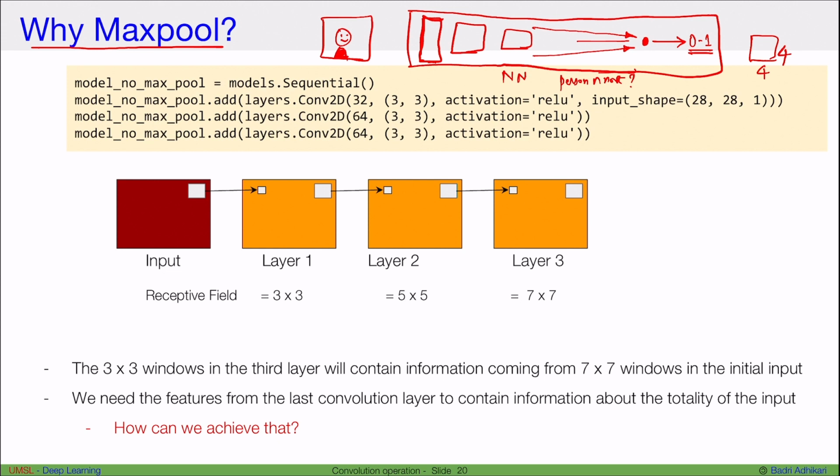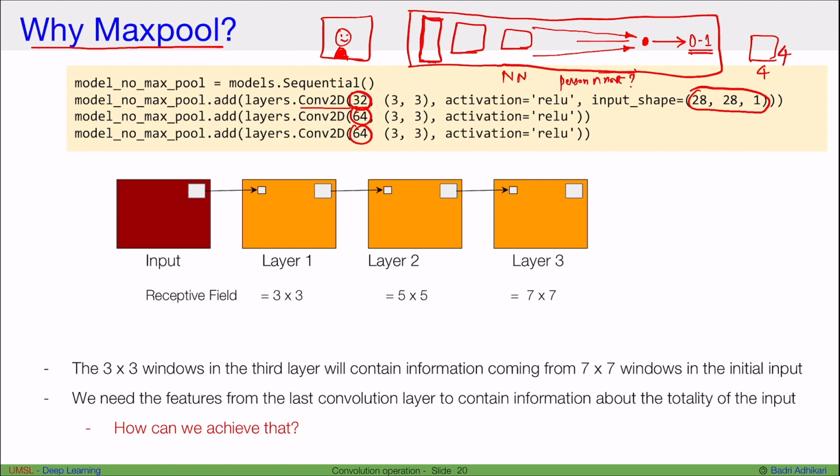So say I design a convolutional neural network model that looks like this. I have a first convolutional layer that has 32 filters in it. The second has 64, and the third has 64, and so on. My input is a 28 by 28 by 1 input image, a grayscale image.